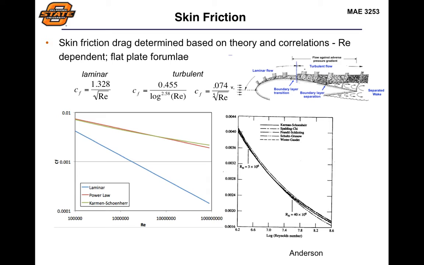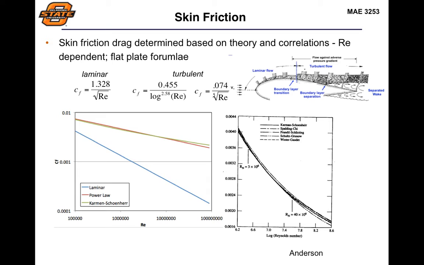Now, the two components we want to focus on are the skin friction, and then we'll talk about the pressure drag. The skin friction, out of the two, is kind of the easier one, because if we know what the surface area is, then we can get a really good estimate of that skin friction. The trick becomes determining which part is laminar and which part is turbulent.